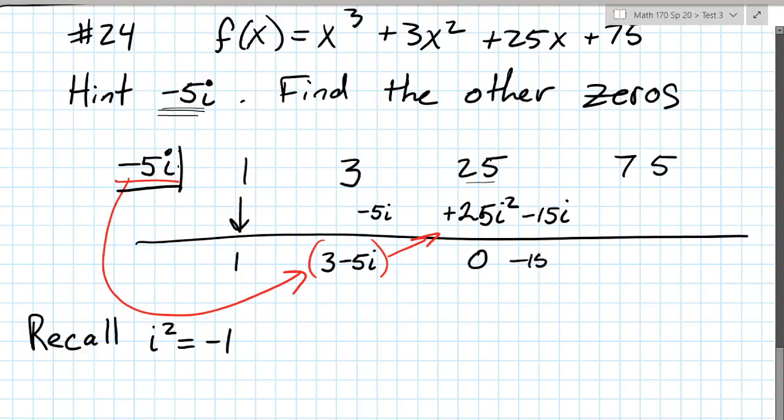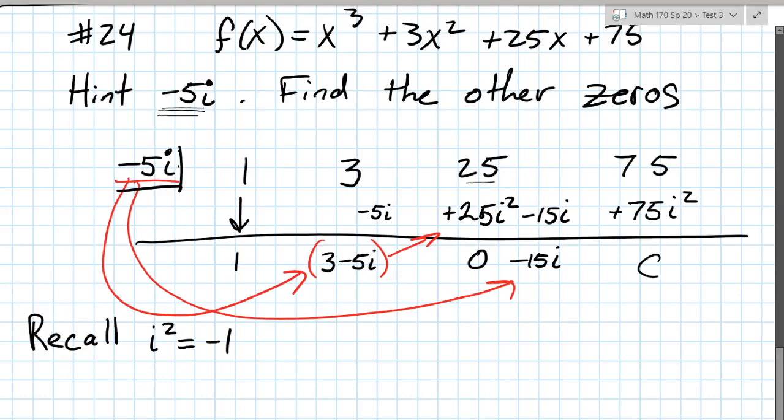And then I've got my negative 15i, which I'm going to take that times that, will give me a positive 75i squared. So 75i squared is negative 75, plus a 75 gives us a remainder of 0.